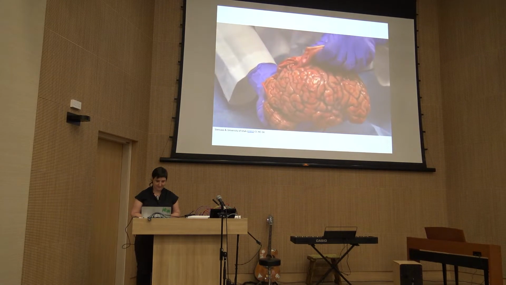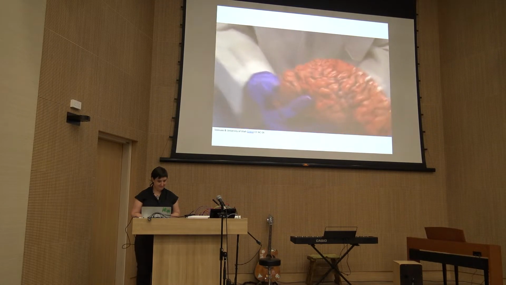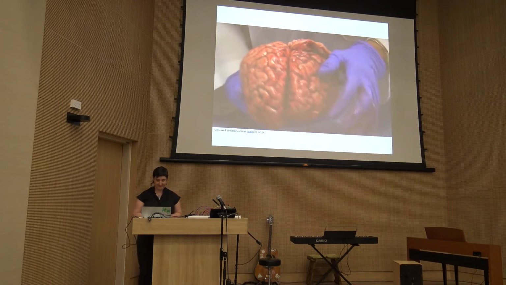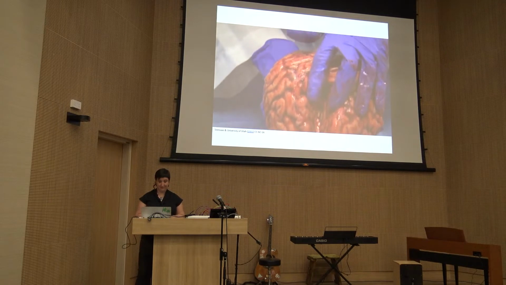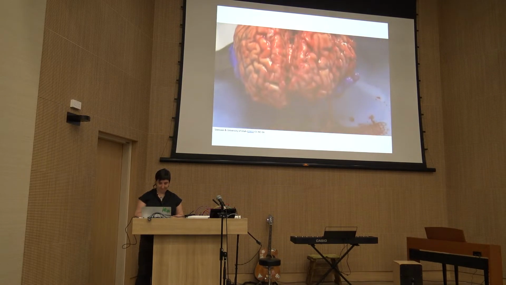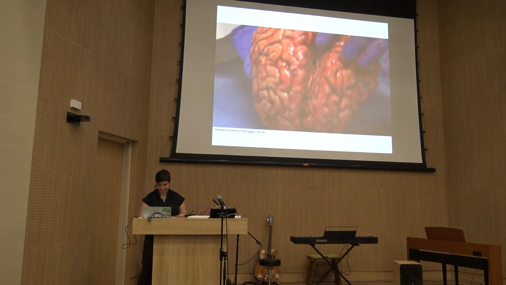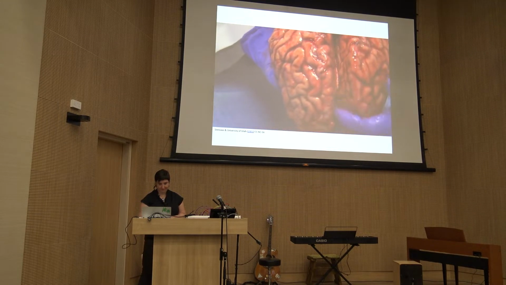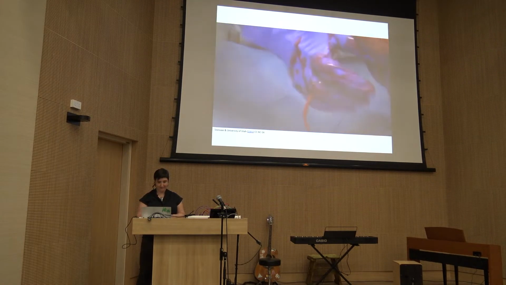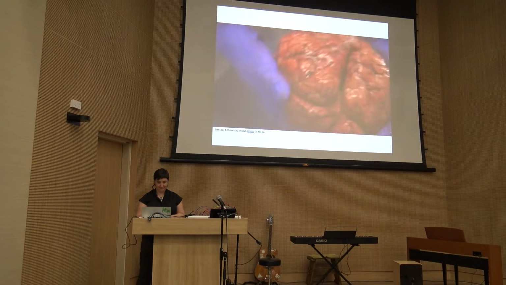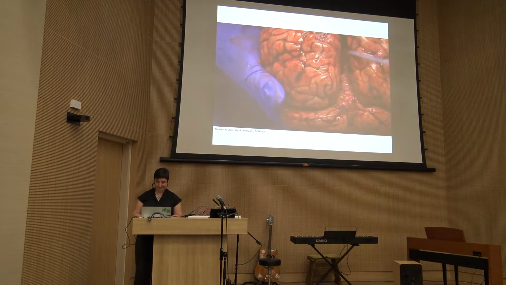Here you can see how soft and pliable the dura is, and we can look down between the hemispheres and see the corpus callosum. I can also see a bit of the anterior cerebral artery coming over the surface. So this is the interhemispheric fissure. And if I turn the brain around and we look at the occipital lobe, we can see the top of the cerebellum.